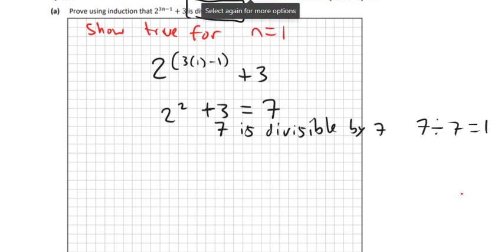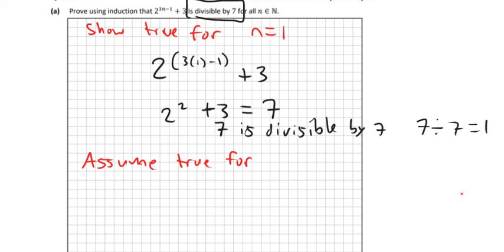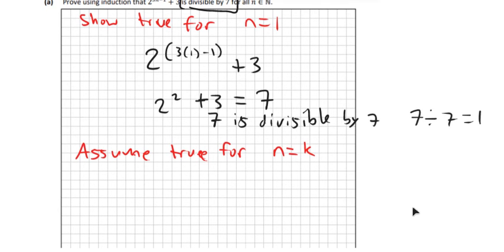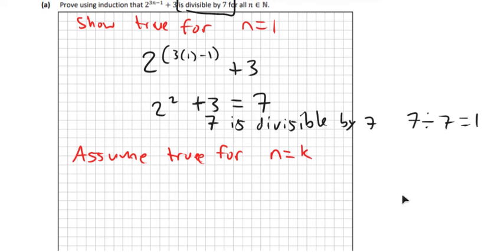Now I'm going to assume that it's true for n equals k. So I'm just going to put a k in instead. So 2 to the power of 3k minus 1, plus 3, is divisible by 7.